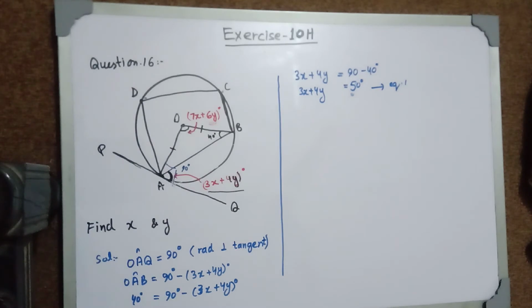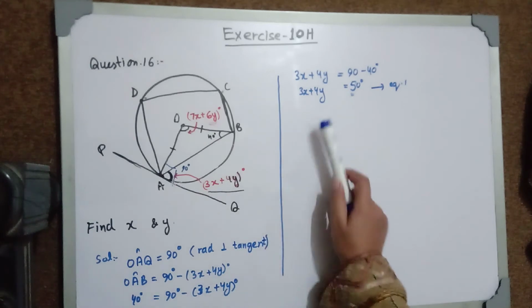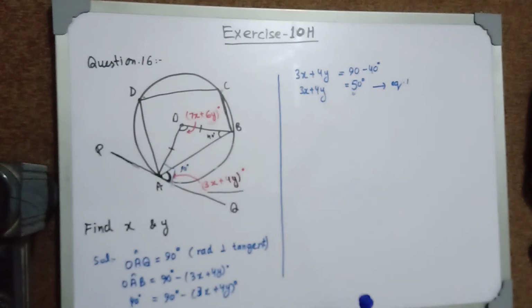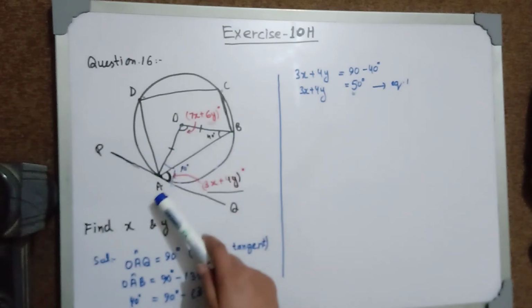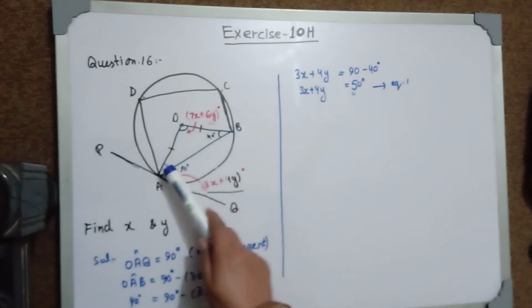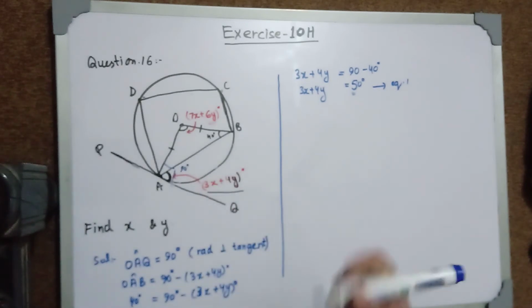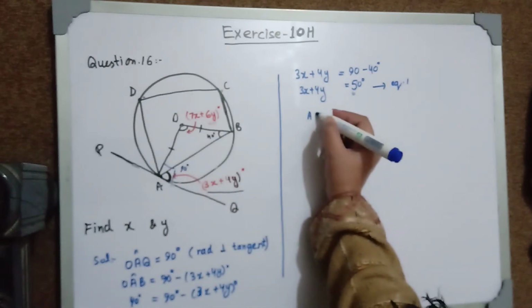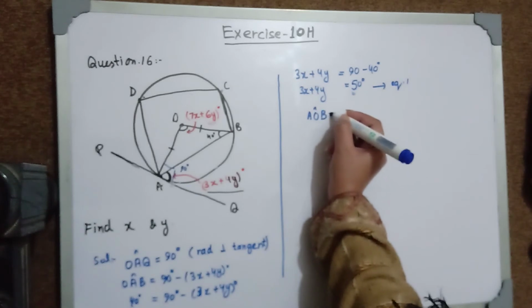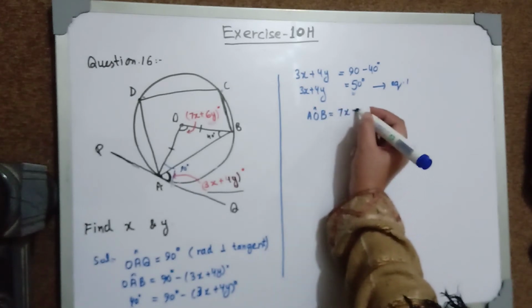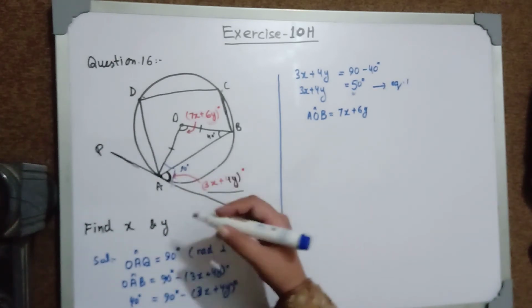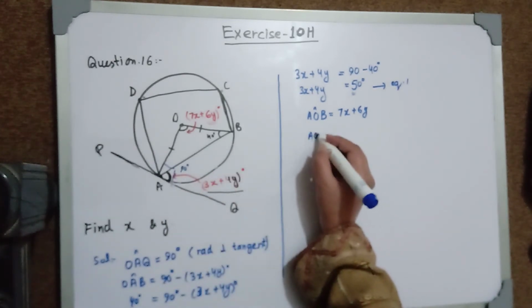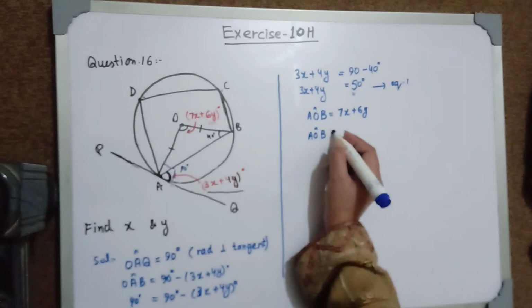Now the second condition that we're going to use to form another equation to find the values of x and y is the angle AOB, this angle here. It's given in the question that angle AOB is equal to 7x plus 6y. Now let's see what value we get for this angle AOB using the values we know.